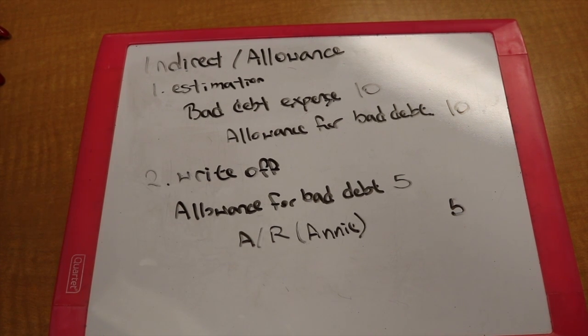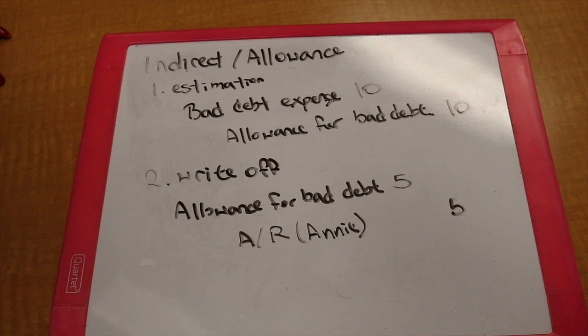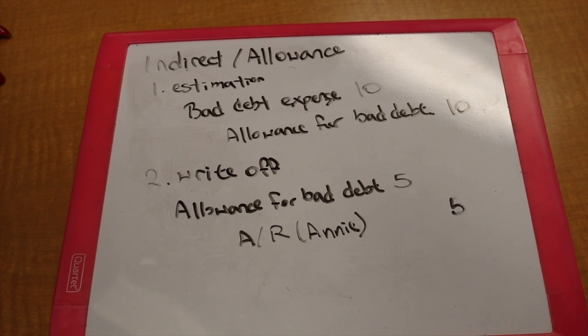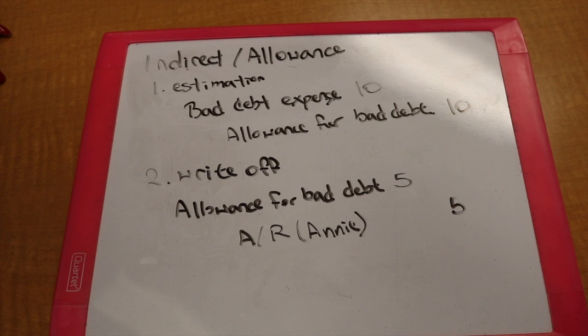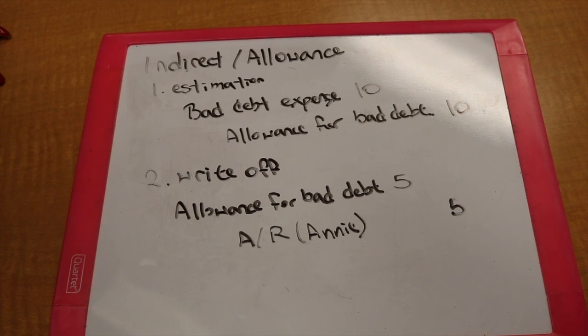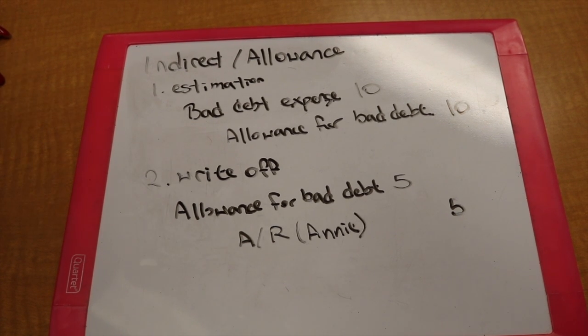Once an estimation is made, this amount gets claimed in bad debt expense, which is debited since it is an expense account. However, since there aren't any specific accounts receivable that can be linked to this bad debt expense, the balancing credit goes into an account called allowance for bad debt expense or allowance for doubtful accounts. At this point, none of the accounts receivable have been touched and the new accounting period begins.